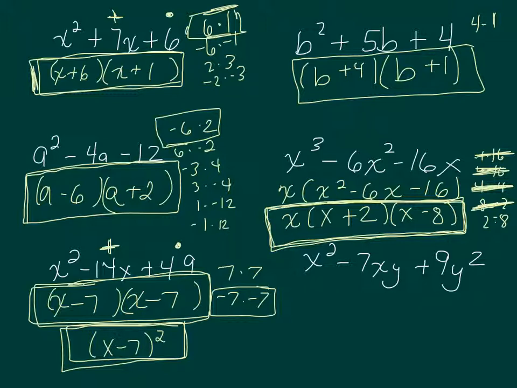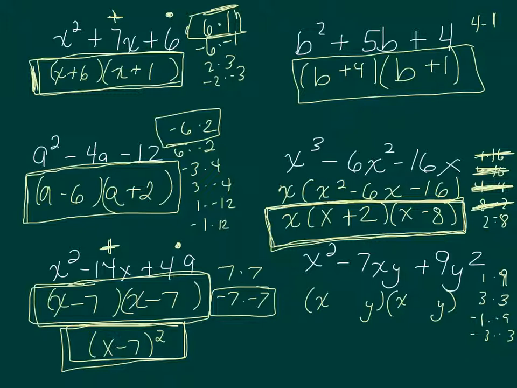Alright, and let's finally look at this last one. So, nothing in common. I don't have 4 terms, so I'm going to write x and x in parentheses, only this time I notice that I have xy in the middle and a y squared, so I'm going to write y and y as well in parentheses. 2 numbers that when I multiply them together, I get 9, but when I add them together, I get negative 7. So let's see, 1 times 9, 3 times 3. Negative 1 times negative 9, negative 3 times negative 3.